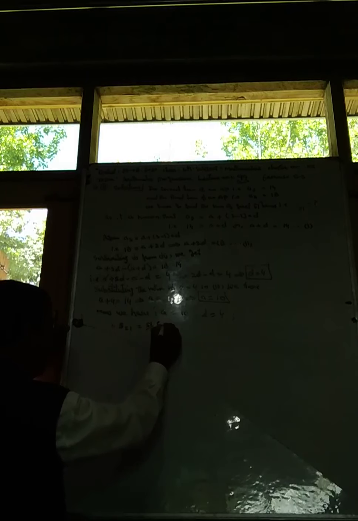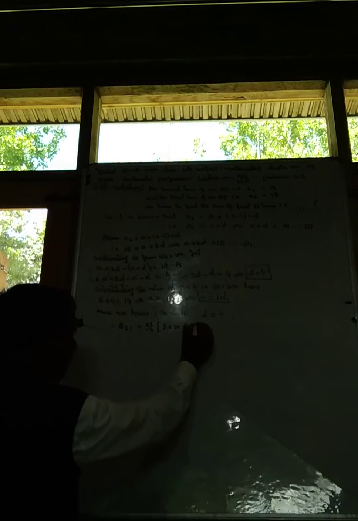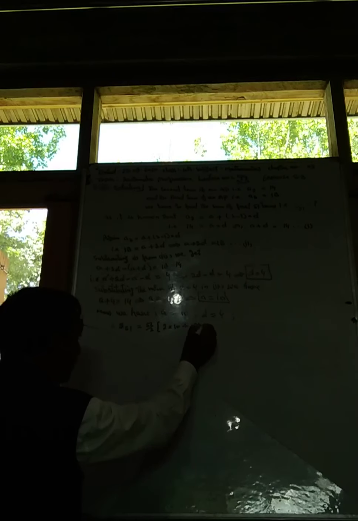Therefore, S51 is equal to n by 2, 51 divided by 2 into 2a, 2 into 10, plus n minus 1, 51 minus 1 into d, which is equal to 4.